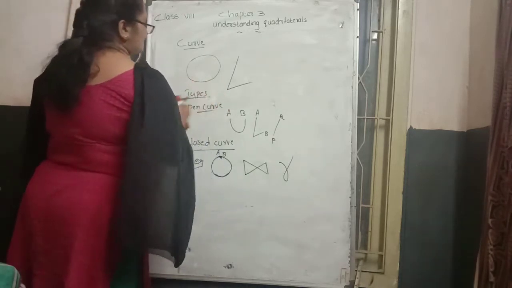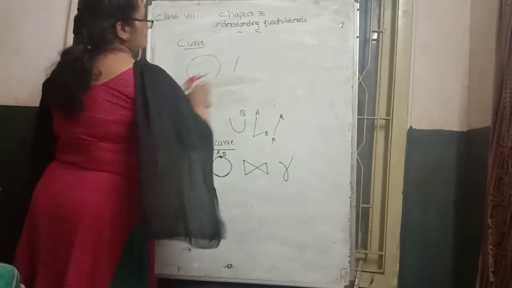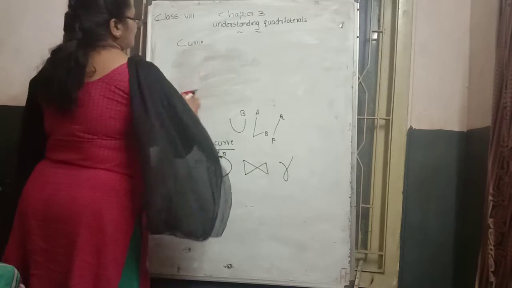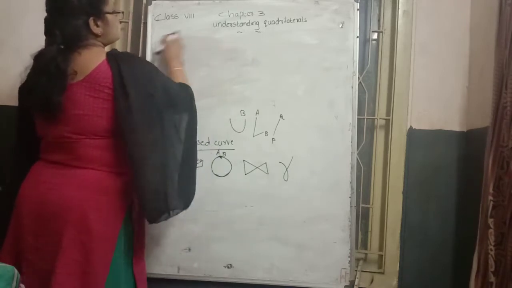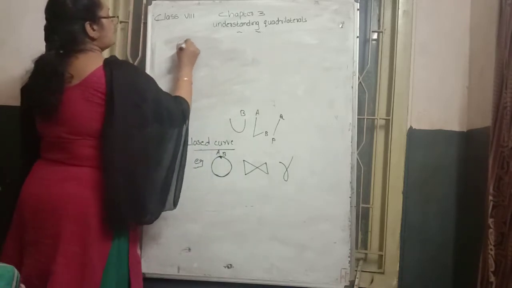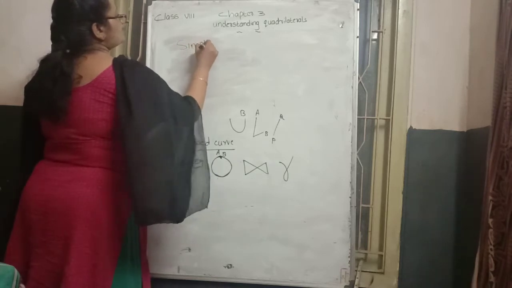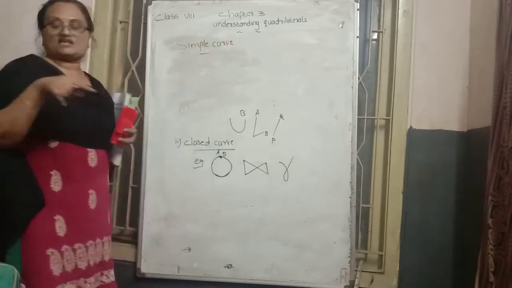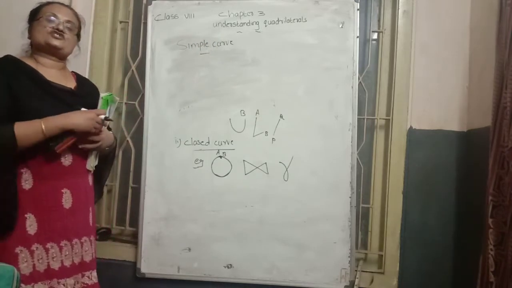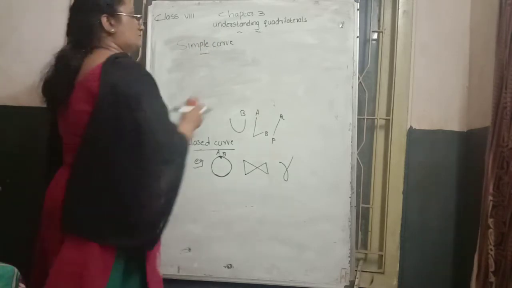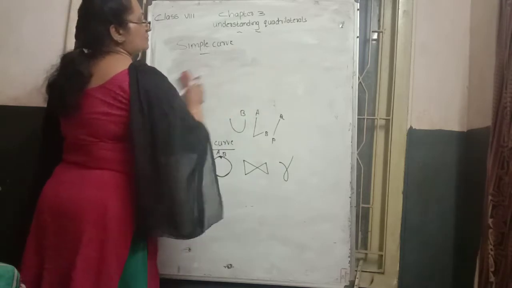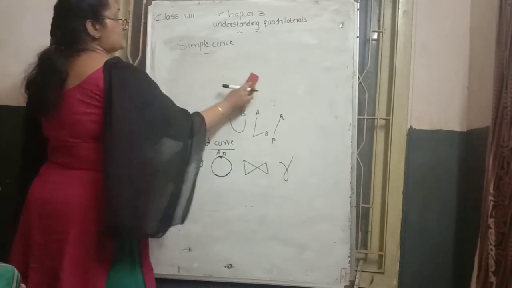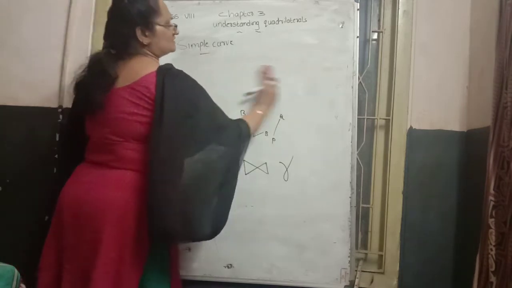The third one is the simple curve. What about the simple curve? A simple curve means a plane figure formed by joining a number of points without lifting the pencil, and we get a curve shape.